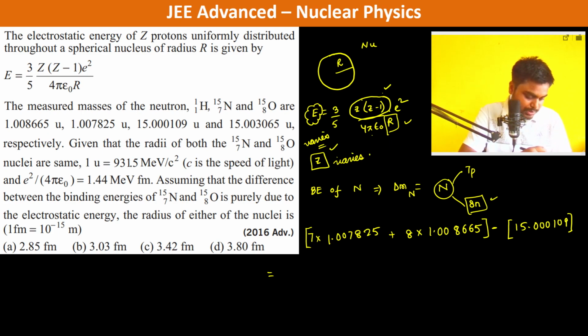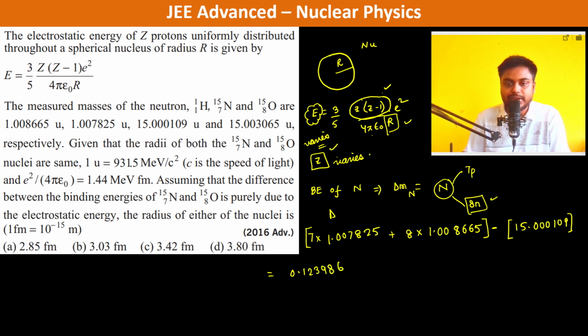So 7 into 1.007825 plus 8 into 1.008665 minus 15.000109. So this becomes 0.123986. This is the delta M of nitrogen.